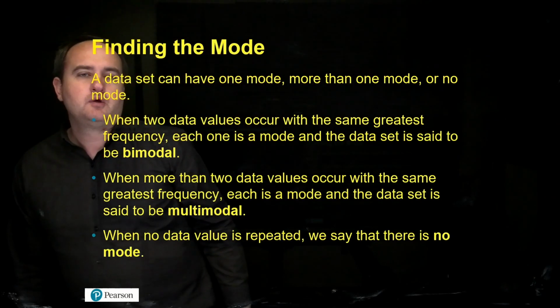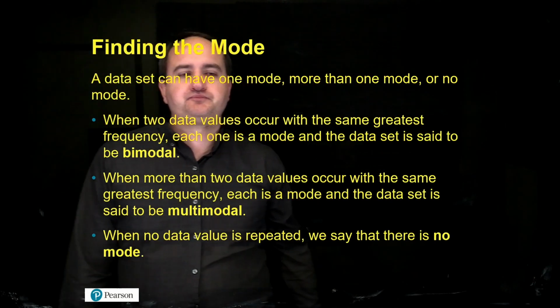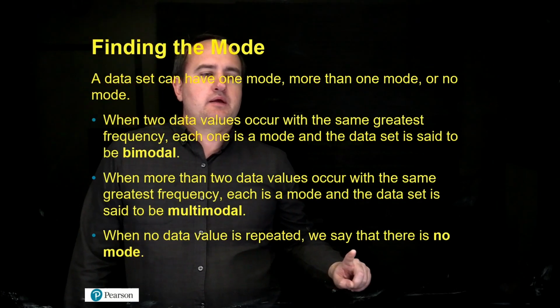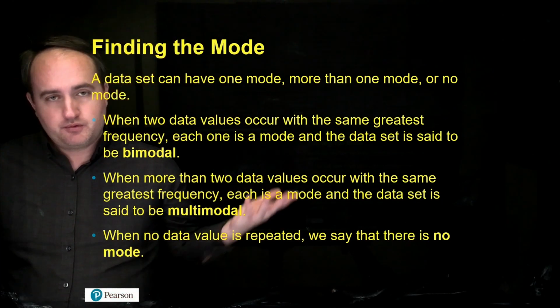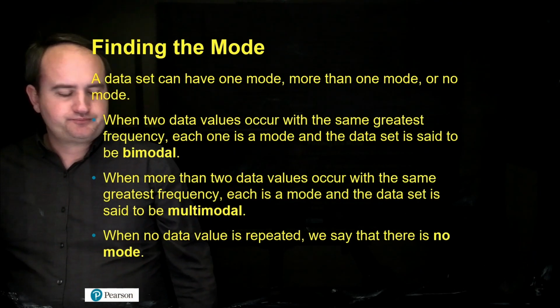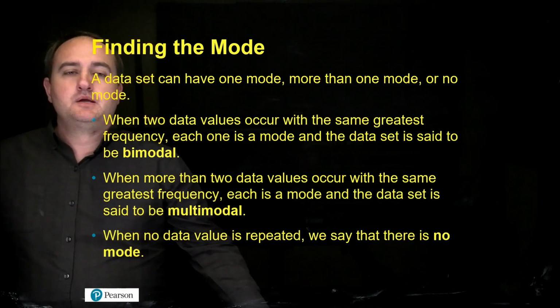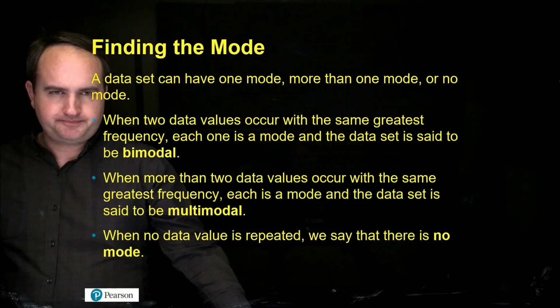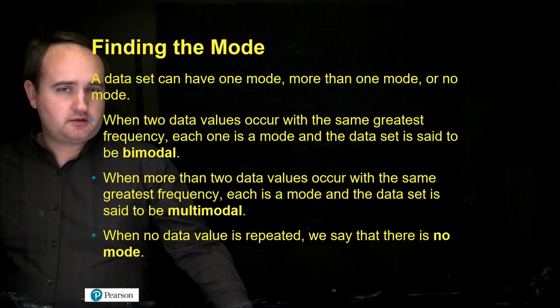Trimodal would mean that it has 3 modes. Okay, when no data value is repeated, we say that there is no mode. We already knew that though. So it's just good to know that there are names for these different situations that you encounter with data.